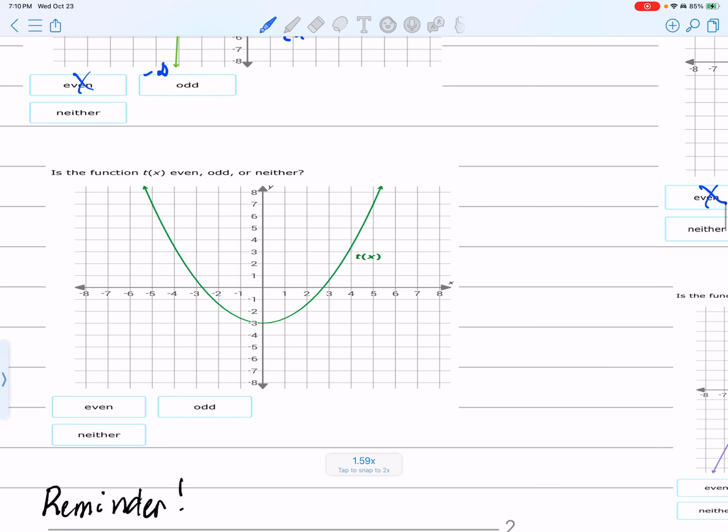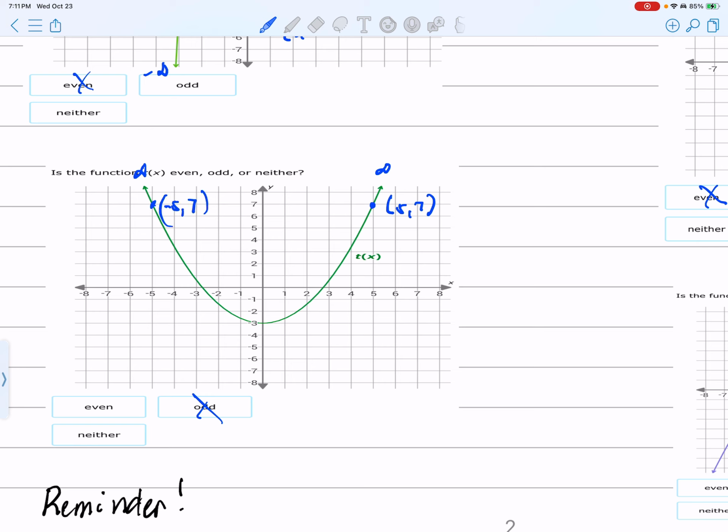All right. Both ends go in the same direction, so this is not odd. Let's look for a certain point. I choose this point right here and this point right here, because this is exactly where it crosses the x and y axis. So the coordinate here is 5, 7, and the coordinate here is negative 5, 7.